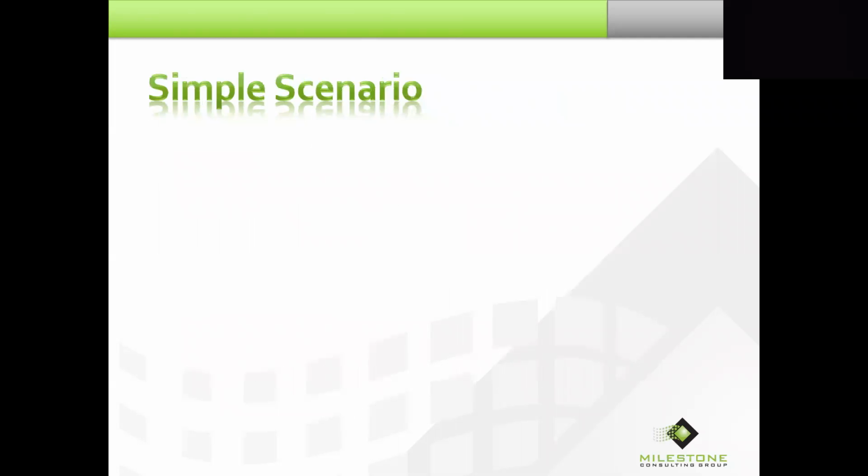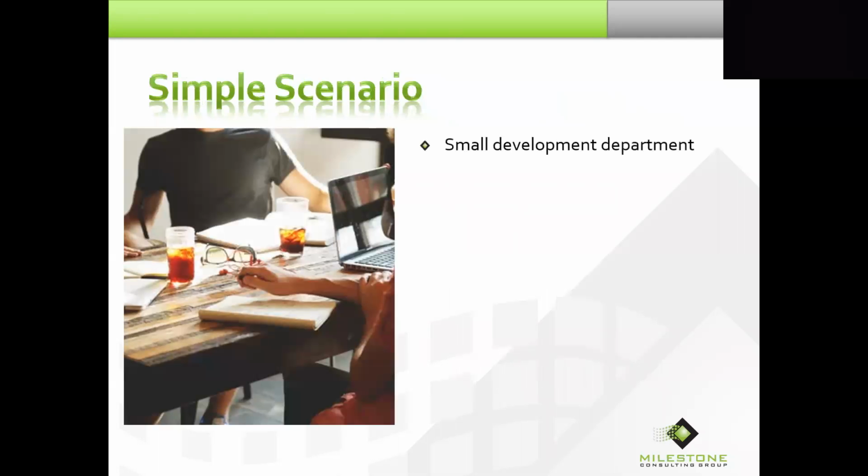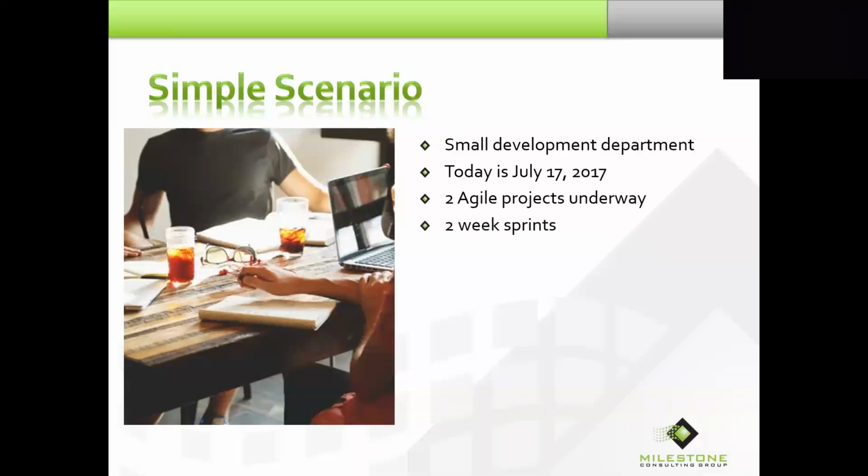So let's say we've got a very simple scenario. I've got a small development department, and today is July 17th, 2017. It's a Monday morning, and we've got a couple Agile projects that are underway. In this fictitious organization, we're using 2-week sprints.